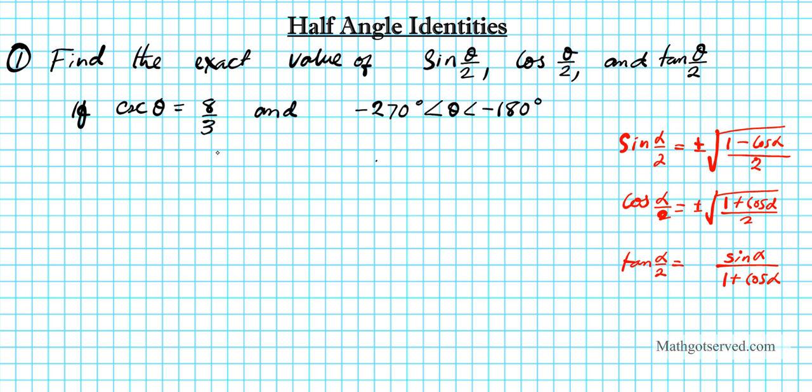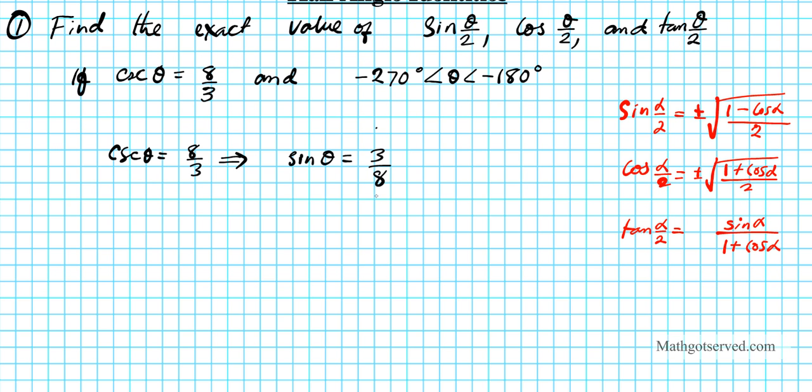So we know that cosecant theta is 8 over 3. If cosecant theta is 8 over 3, it follows that sine theta equals, because sine is the reciprocal of cosecant, 3 over 8. All right? Now we have one component down. Now we need to find our cosine. So how do we find cosine?